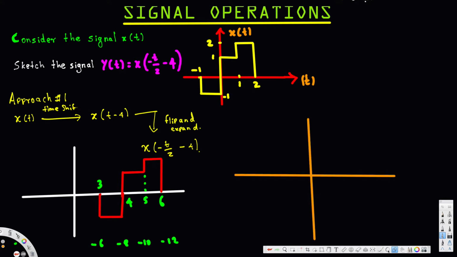Okay, so here we have, let's draw with this color. First we are going to have this part, and then this, and then this, and then this.